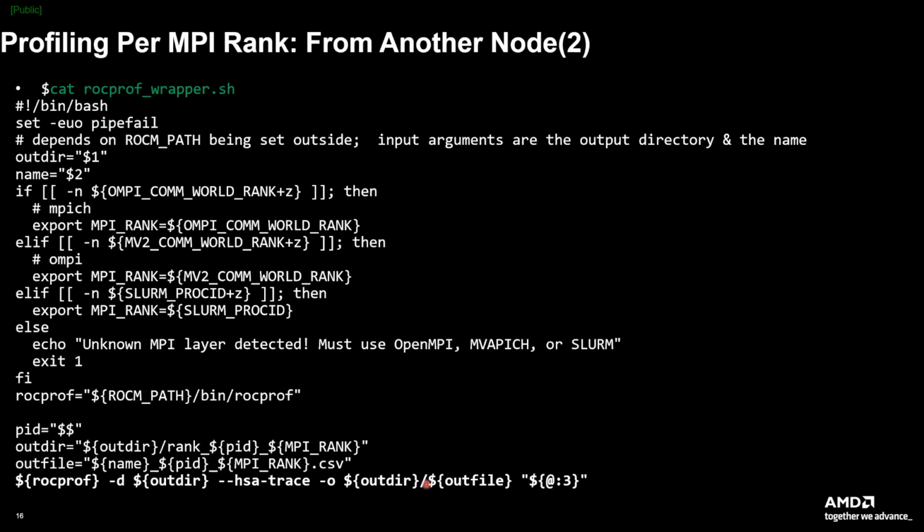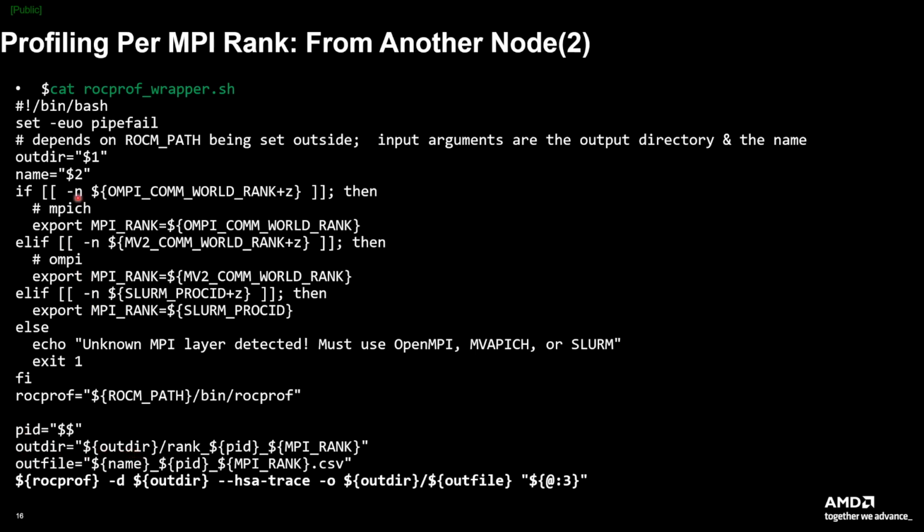So in the wrapper you have, if it's Open MPI, the MPI rank is this. If it's MPICH or whatever. Now because you have Slurm, our MPI rank is this one. So here I'm taking the process number to make it separate for each CSV file, and you say the output directory is outdir.